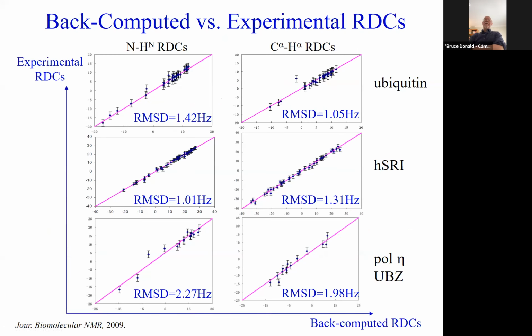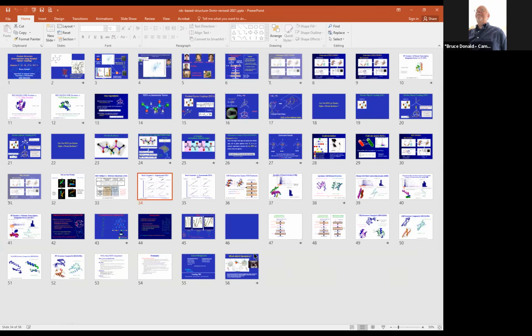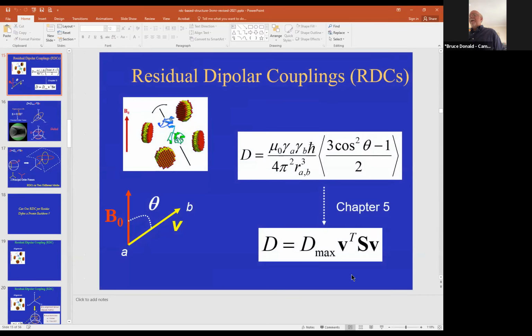Here's a way of drawing this issue. One thing that's beautiful about RDC data is that you can simulate it from a structure. So if we go back to our equation, if we have a structure, then we know all the V's here.